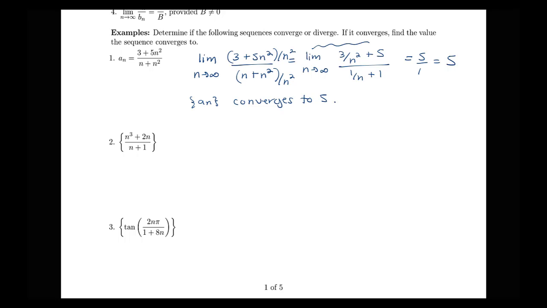So you don't have to show this work, but we wanted to see how we could justify that that limit was equal to 5. So what about for this next example here?